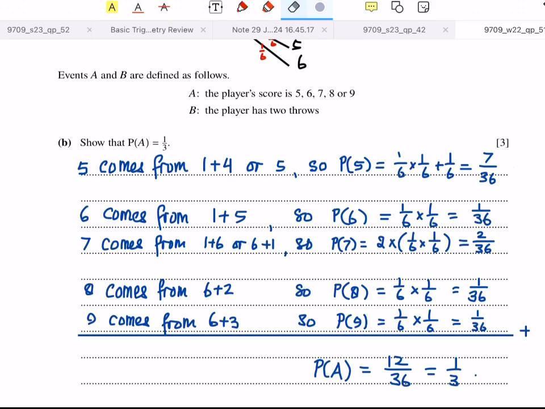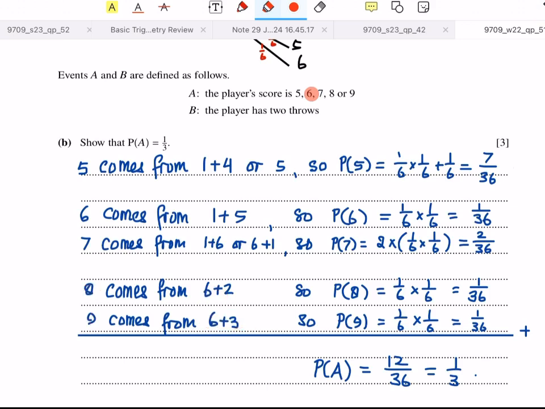And then we do the same thing, the same method, with the other outcomes. For example, 6 from 1 plus 5, and then 7, 1 plus 6 or 6 plus 1, 8, 6 plus 2, and 9, 6 plus 3.